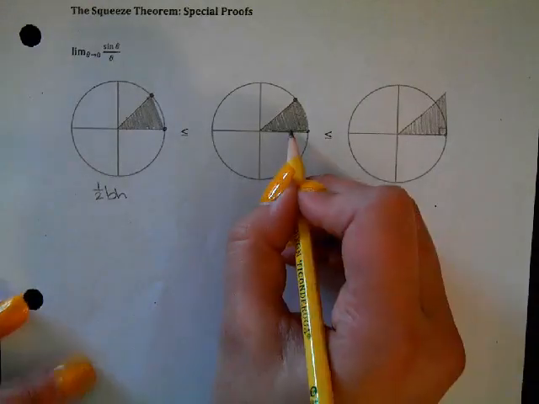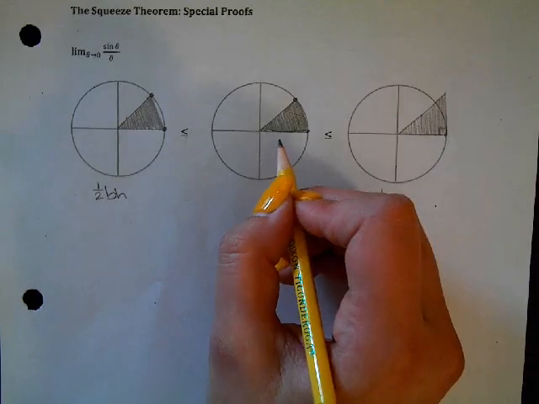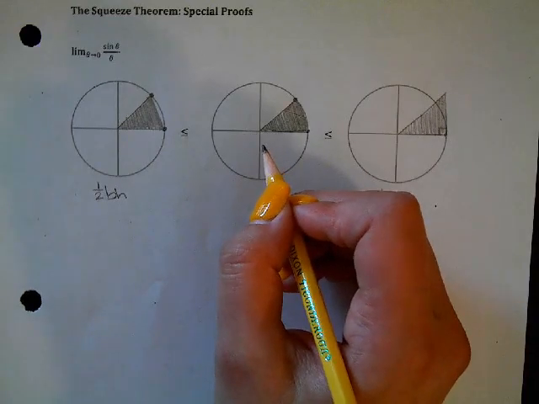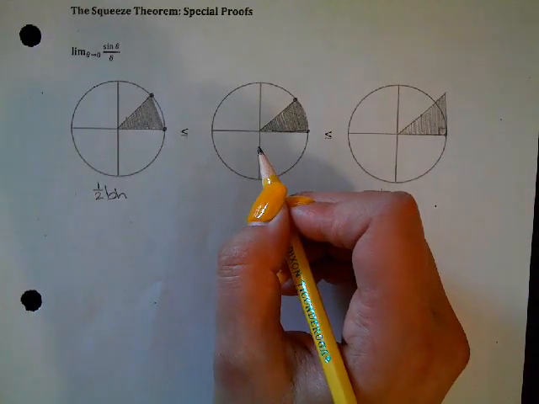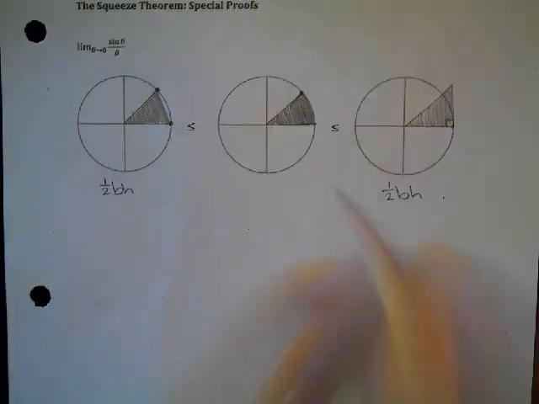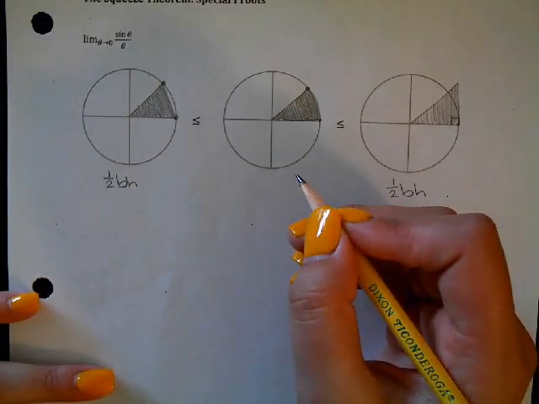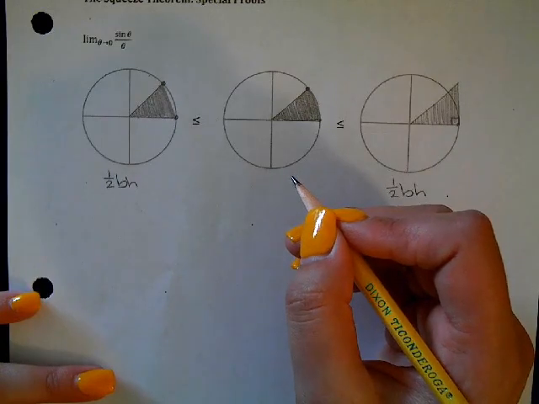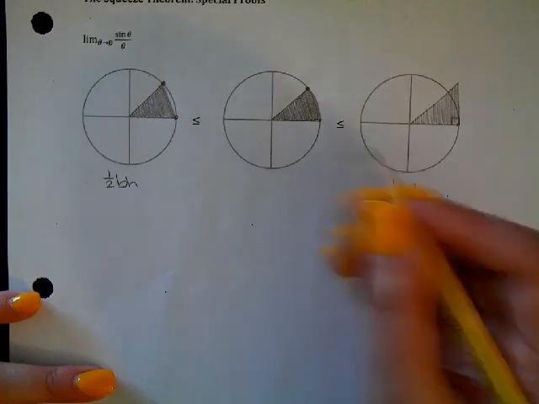Does anyone remember how you find the area of a sector? Yeah, it's the area of the whole circle, but only a portion of it. Anyone remember the formula for area of a circle? Pi r squared.